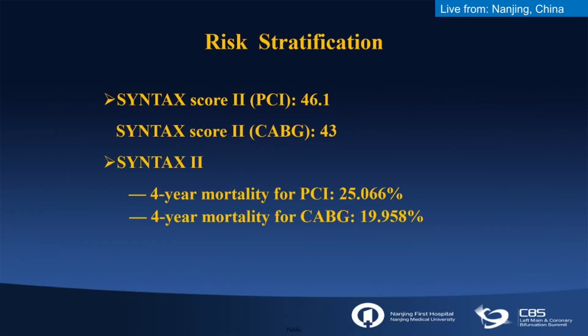We also calculated the SYNTAX score to evaluate the risk stratification. We find that the SYNTAX score is very high, and CABG is suitable for this patient. However, the patient's age is very high, and he is reluctant to accept CABG. Thus, PCI is our choice.